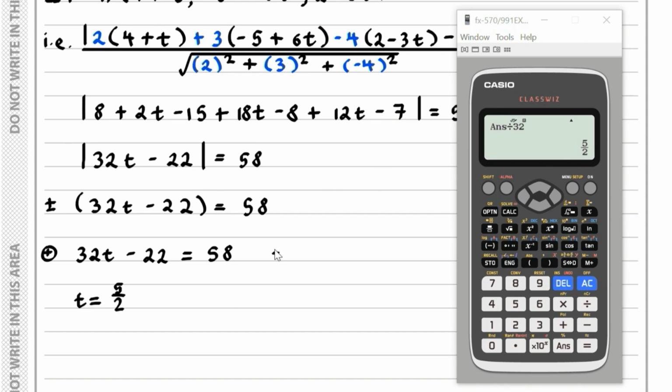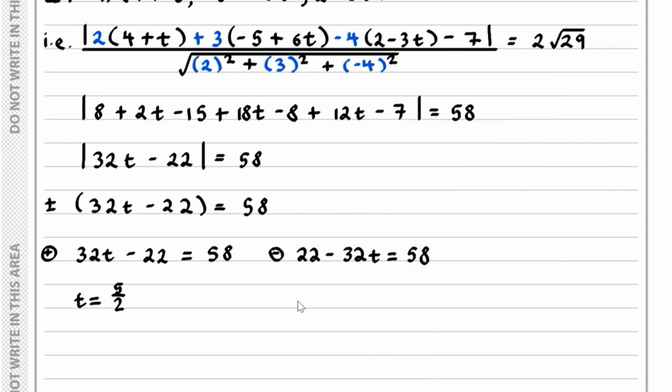And if I take the negative, we've got 22 minus 32t equals 58. So 58 take away 22 divided by minus 32. That's minus 9/8. So we have t equals 5/2 and t equals minus 9/8.